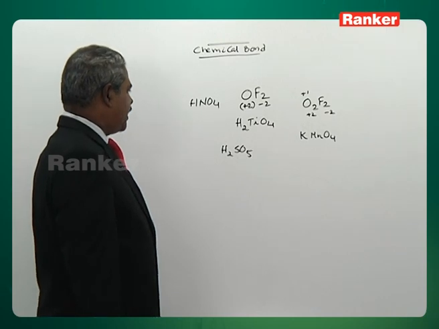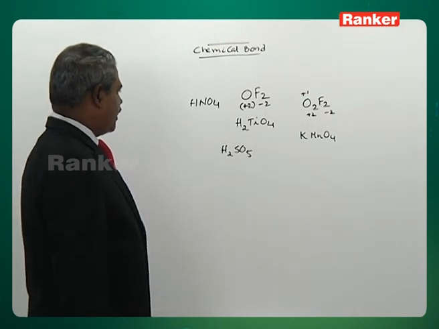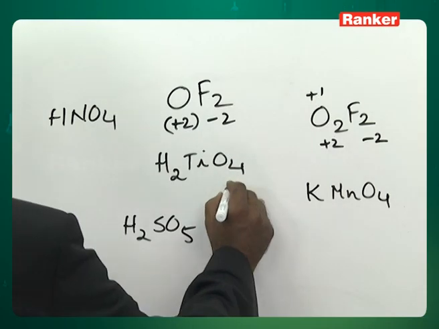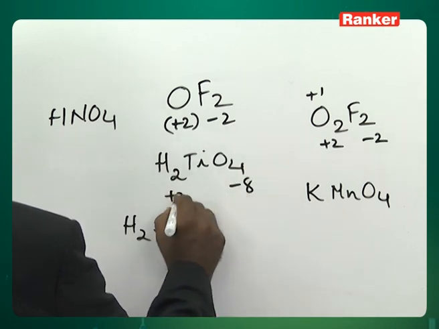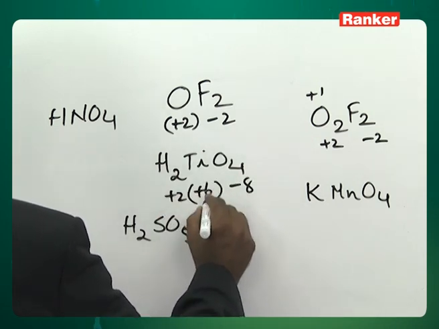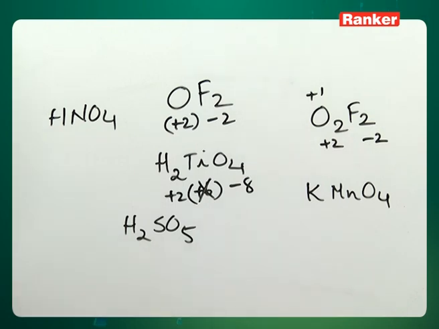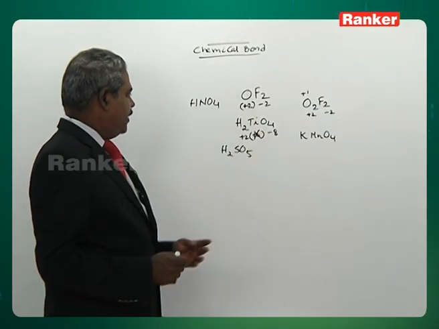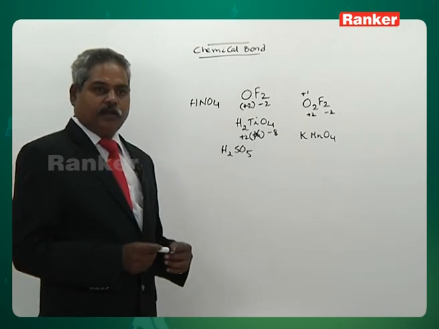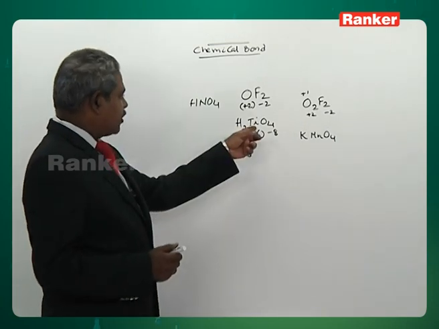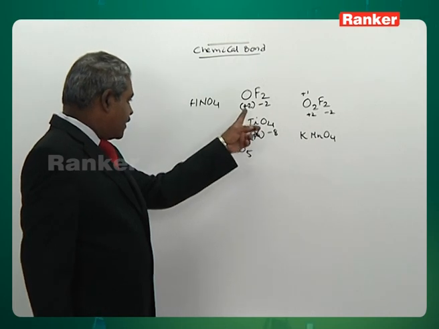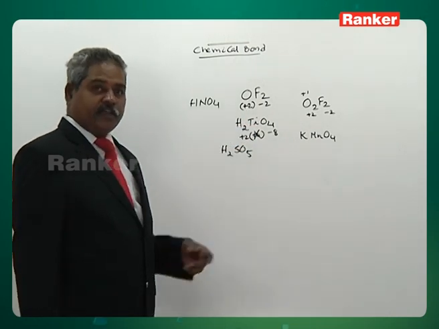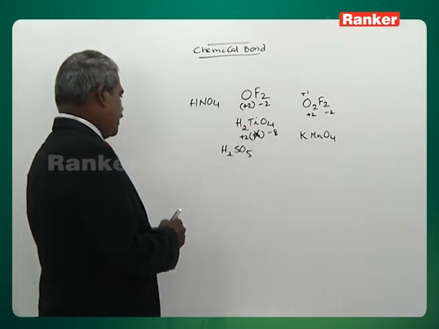And H2TiO4. What about H2TiO4? Minus 8, plus 2, plus 6. It is impossible for titanium because titanium belongs to fourth group, 4B, and 6 is impossible. Therefore, it contains a peroxy bond. It is called pertitanic acid, something with a per.